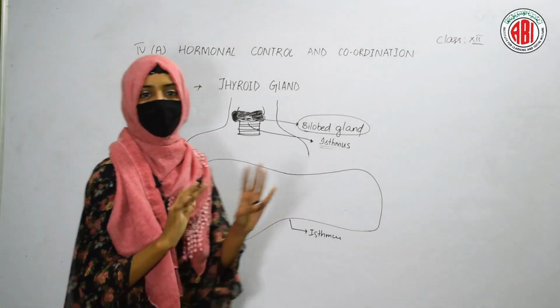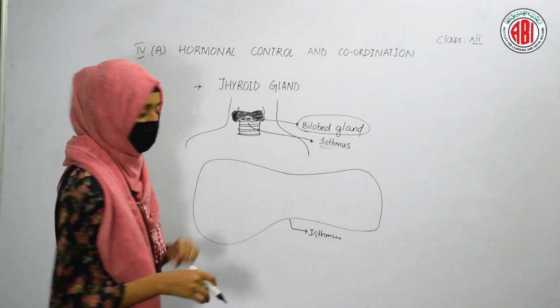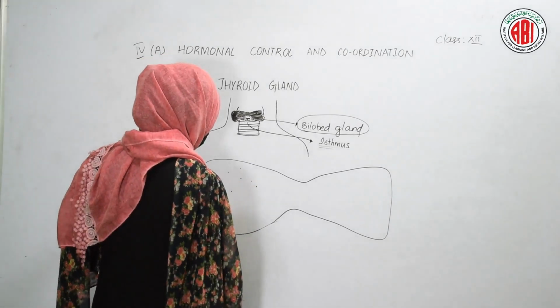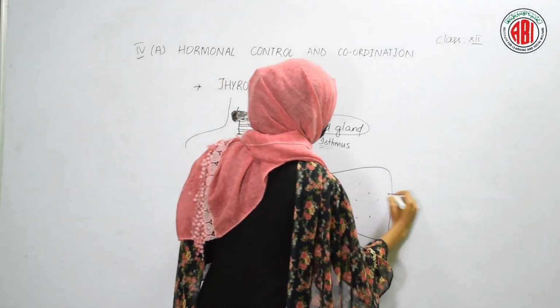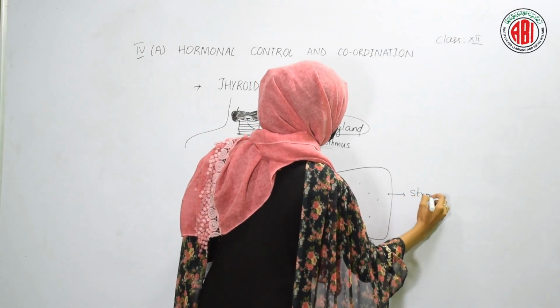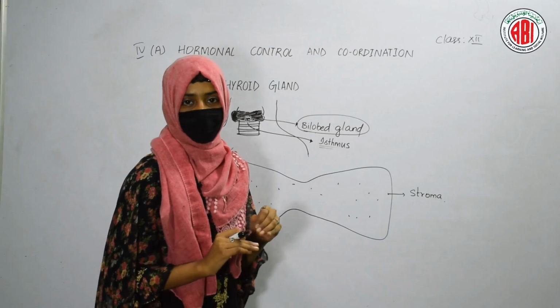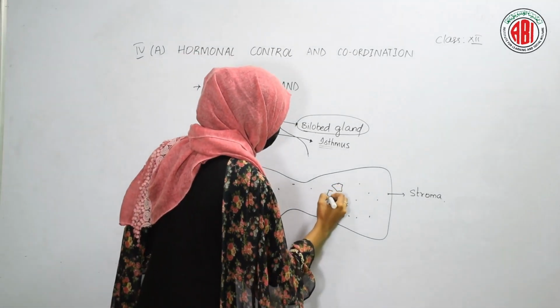Now we'll see the different things that you can see in the structure of a thyroid gland. In the thyroid gland, liquid is present. It is filled with liquid, and we call this liquid stroma. In the stroma, certain cells are present in our thyroid gland, and they are cuboidal in shape.